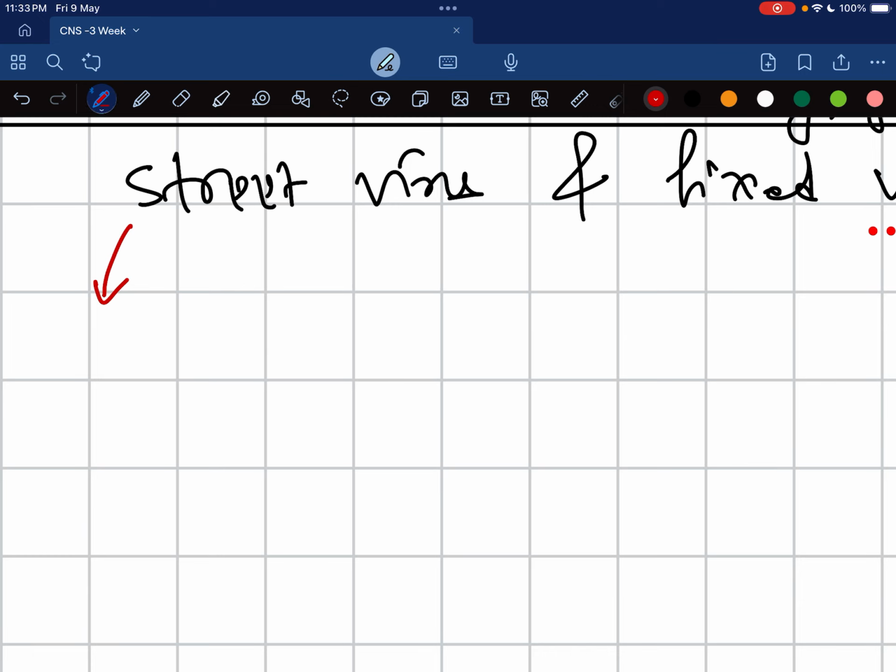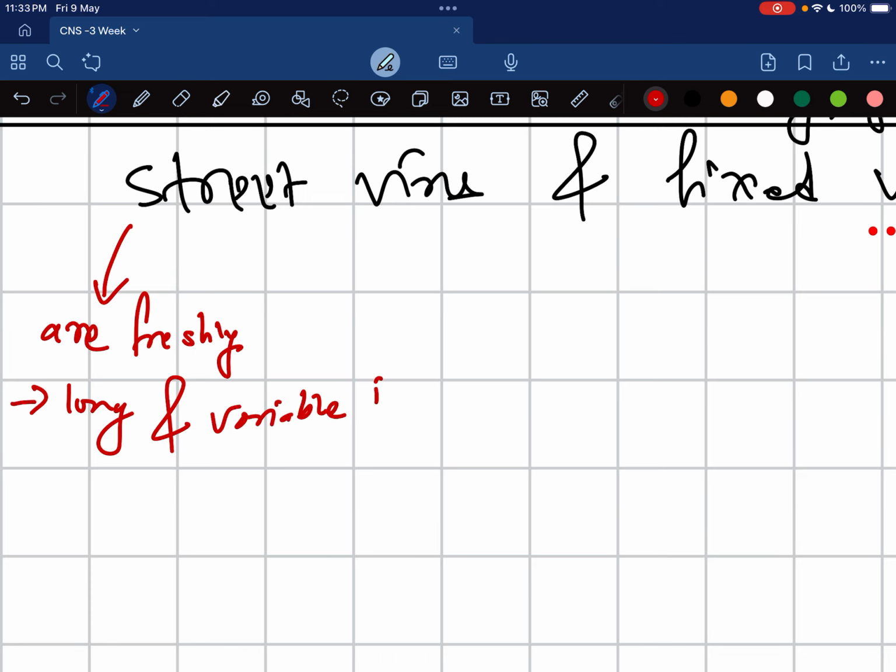This strain is freshly isolated, and it has a long and variable incubation period.